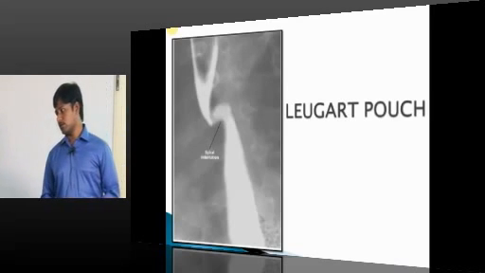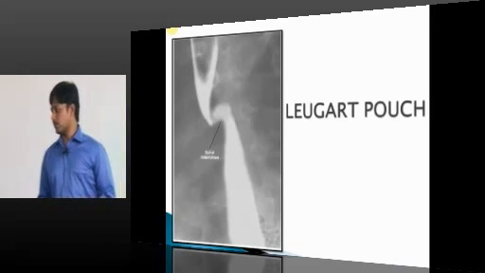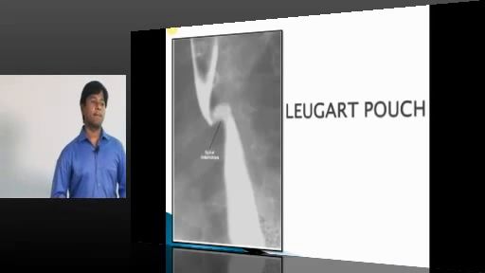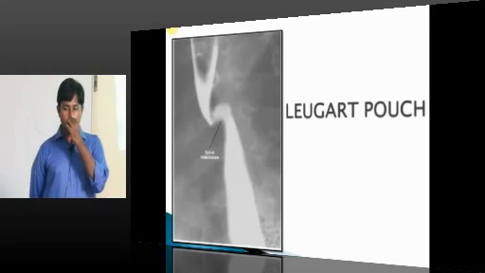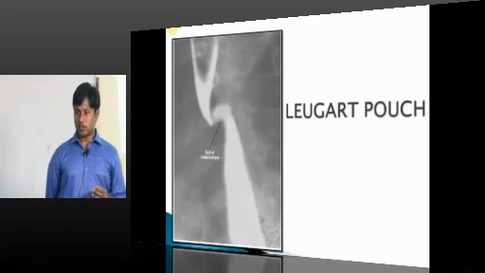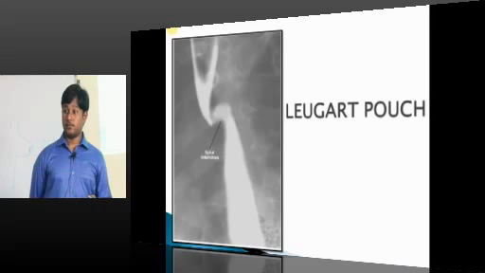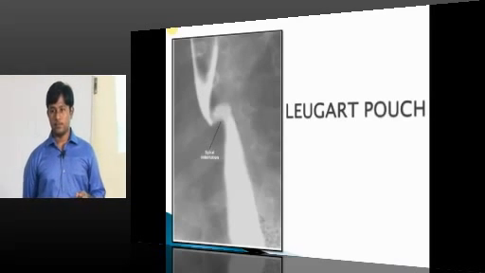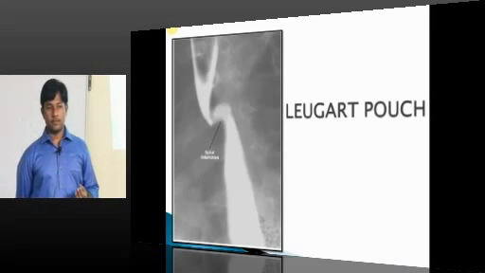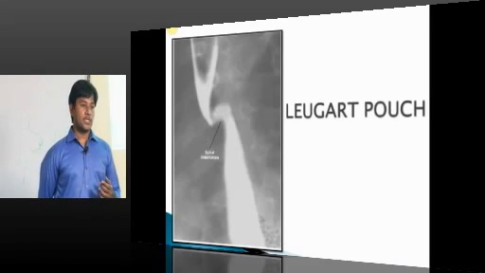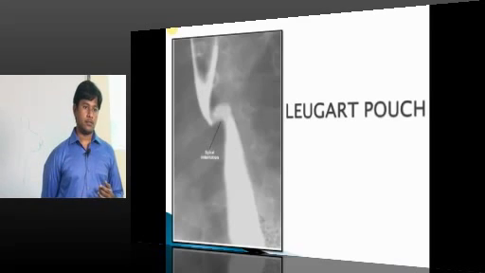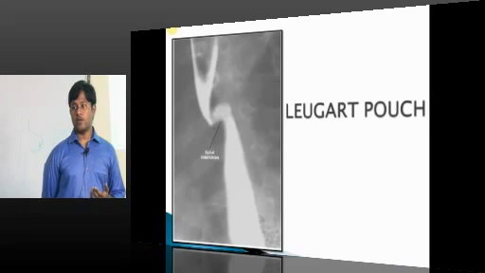Okay. Any doubts? Some of our friends, if at all some doubts are there, please shoot out. Now, Zenker's diverticulum is also called as pharyngoesophageal. Does it belong to true or false diverticulum?